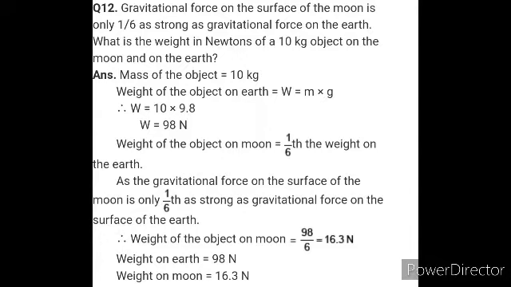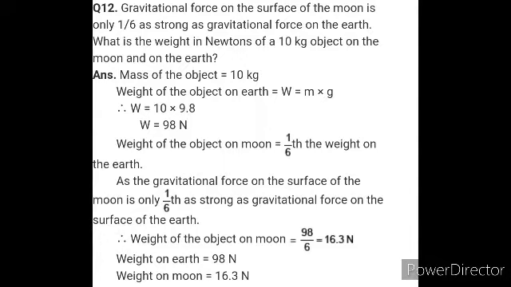So we know that mass and weight have a relation, that is W is equal to mg. Weight is equal to mass multiplied by acceleration due to gravity, and acceleration due to gravity on earth is 9.8. So 10 into 9.8, your answer is 98 Newton.